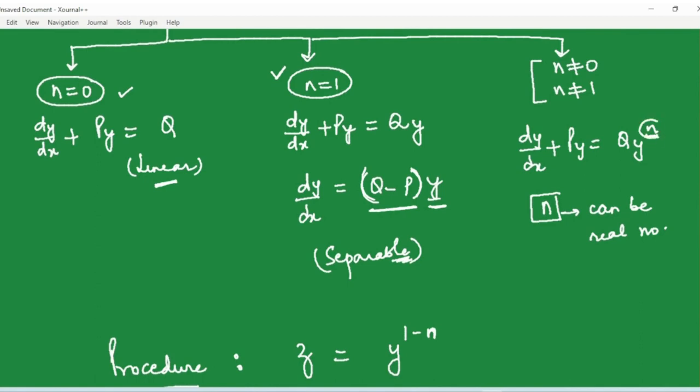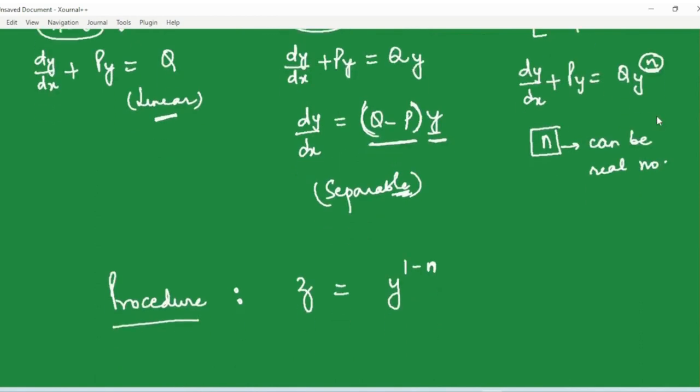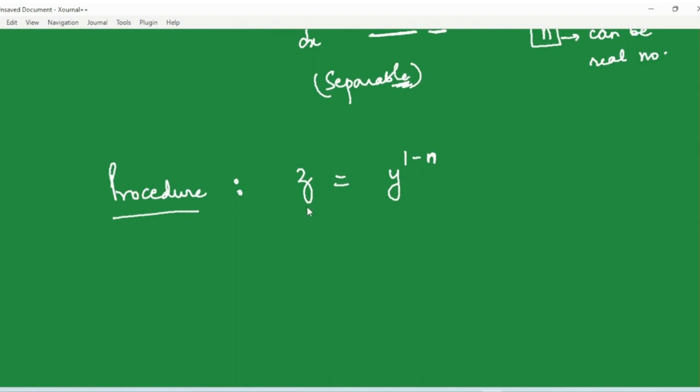So if n is the power appearing in the differential equation, then substituting a new variable z as y to power 1 minus that power is always going to make it linear in the new variable z and x. Once it becomes linear in z and x, we know how to solve it using the linear technique of integrating factors and all those things, and then we are going to substitute the value of z back in terms of y to land into the final solution. Let's learn this technique through an illustration.